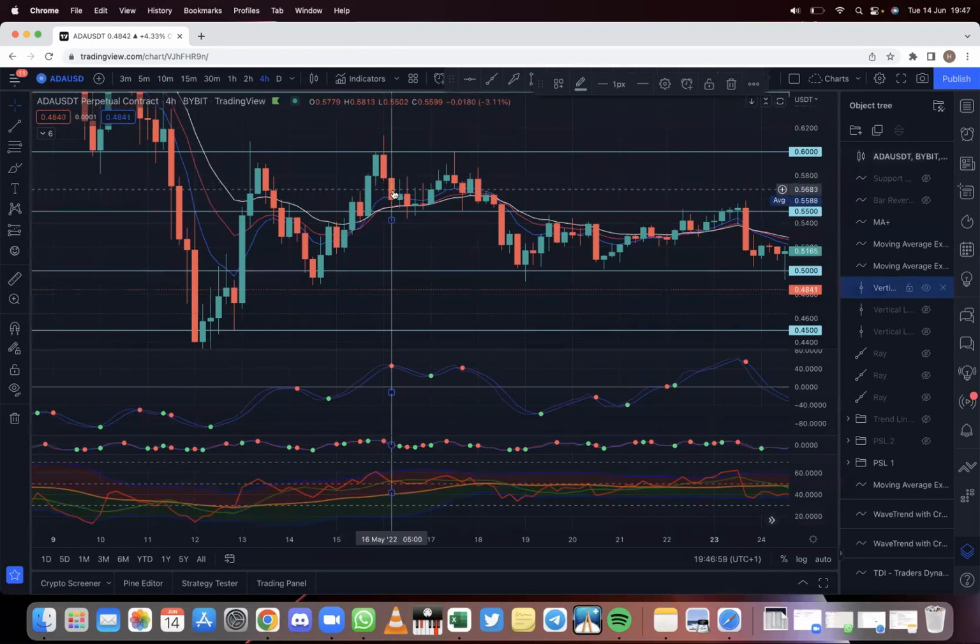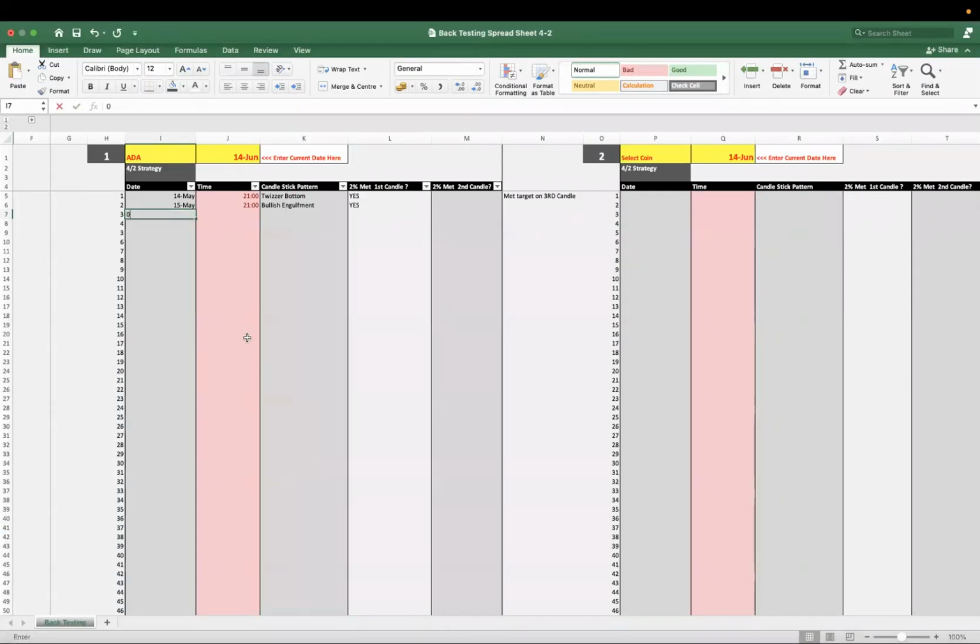So once we've gone into the trade on this one, the date is the 16th of May, 0500. This is the next day in the morning. So we just use the drop down. You get the list, 0500 is there.